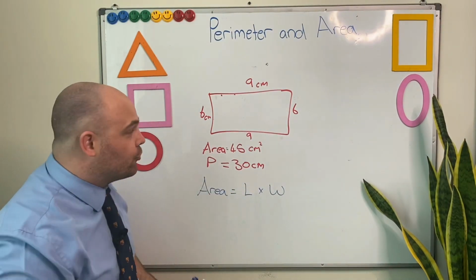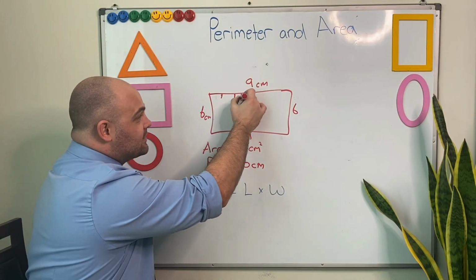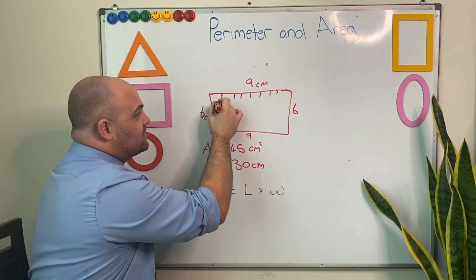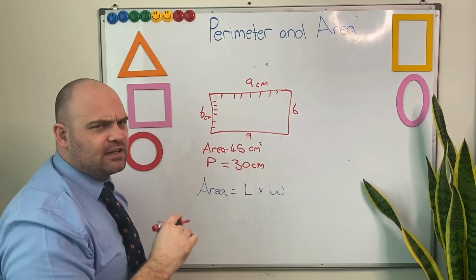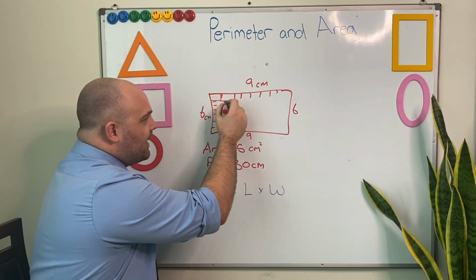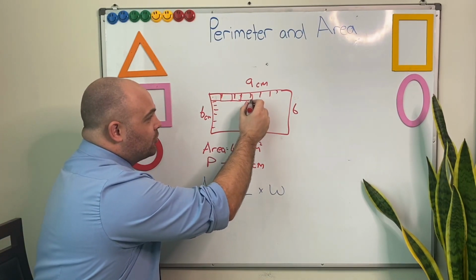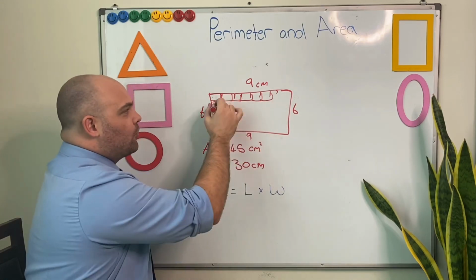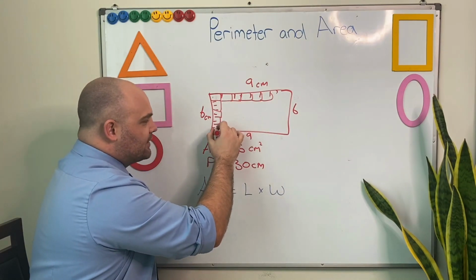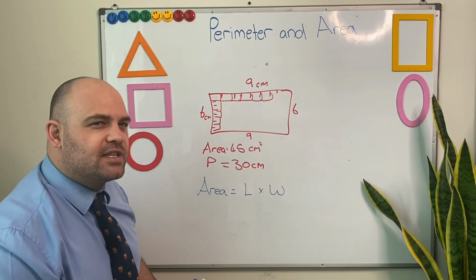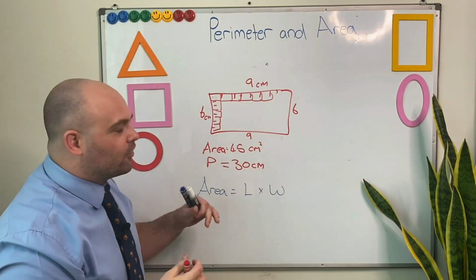If you have to draw some lines and divide this into 9 columns and this into 6 rows, definitely do it. See that you would end up with 6 rows of 9 blocks or 9 rows of 6 blocks, and use that to practice finding out what the area is.